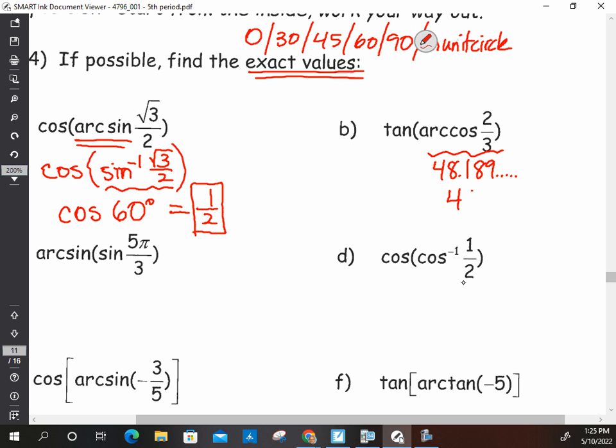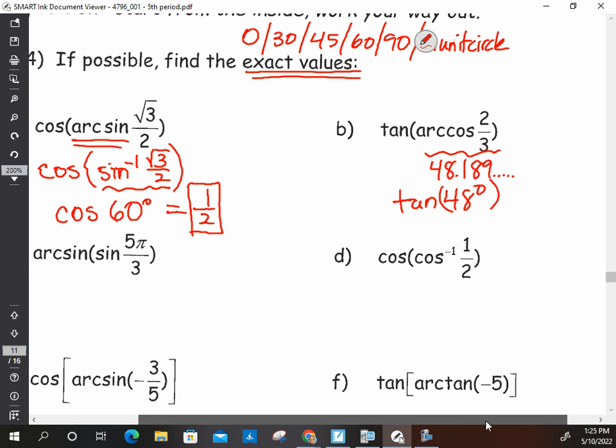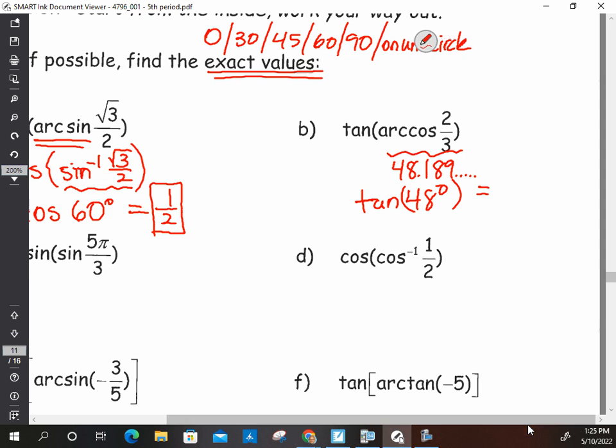So that's 48 degrees. Since that's not on the unit circle, we are just going to purely give the decimal answer. And the next one is 1.11. That's it.